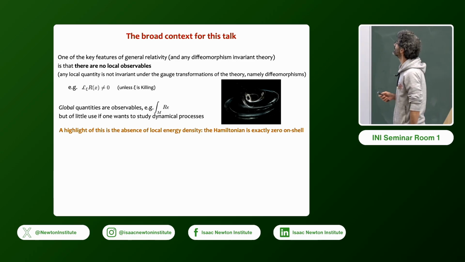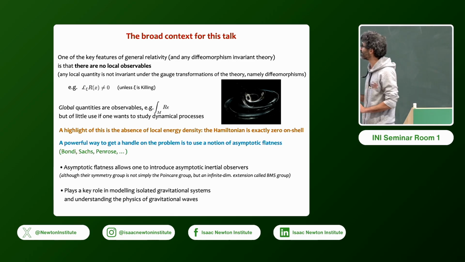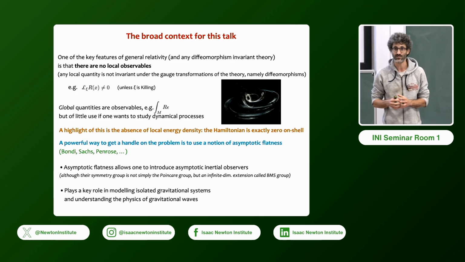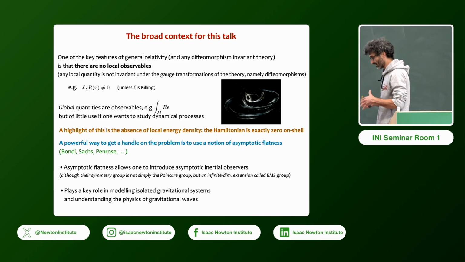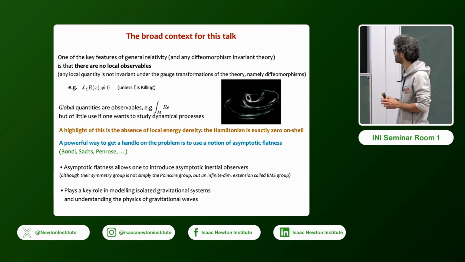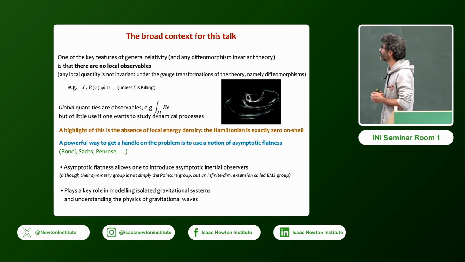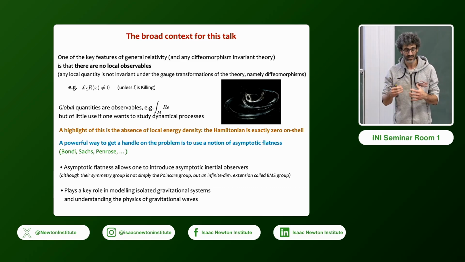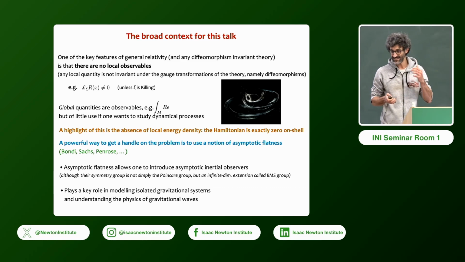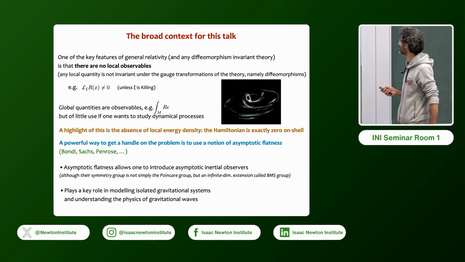But the approach to observables that we'll be interested in is one based on the notion of asymptotic flatness. This notion was introduced a long time ago, first in a coordinate-dependent way by Bondi and Sachs, and then in a very elegant and geometric way by Roger Penrose. It has found a very important ground of application in physics in the context of describing an isolated gravitational system.